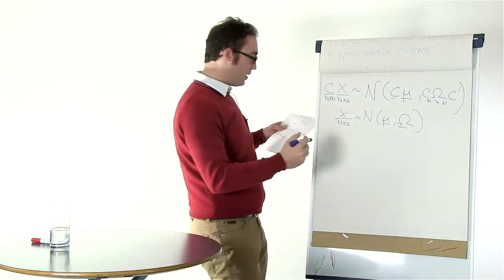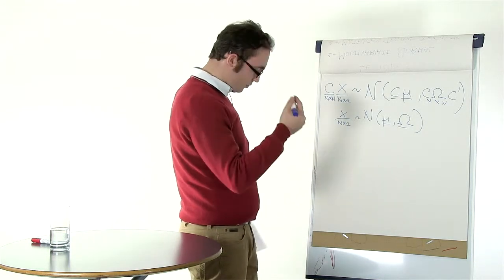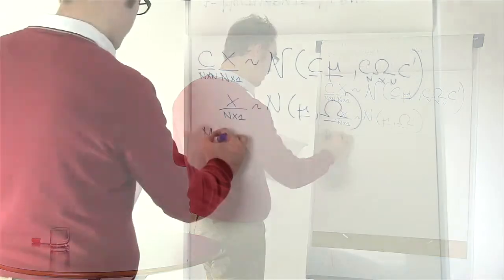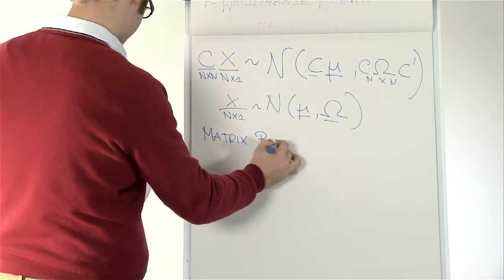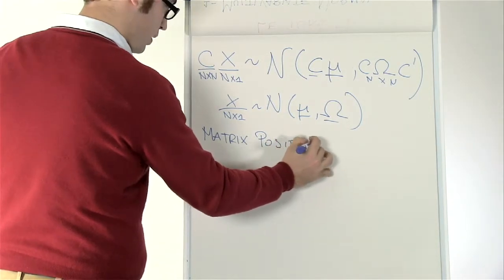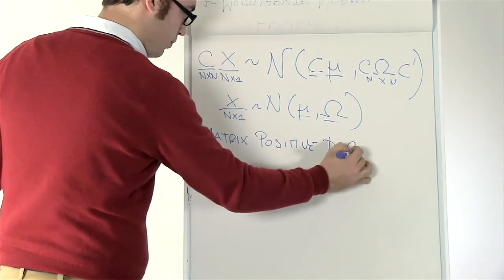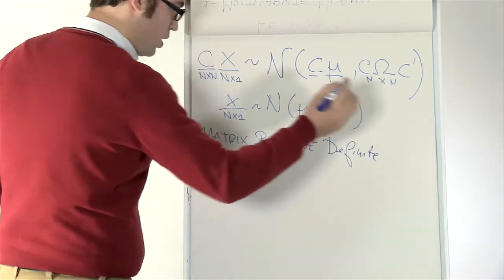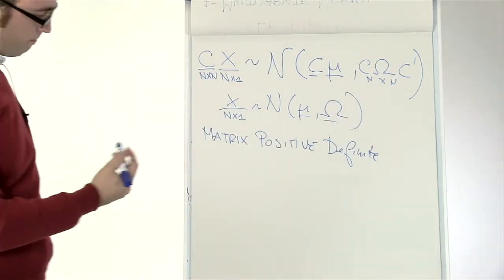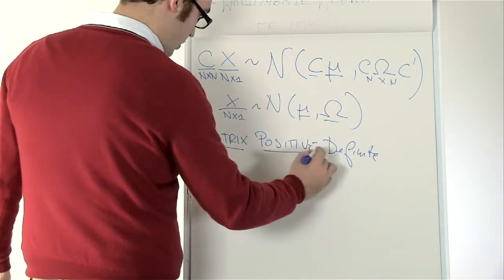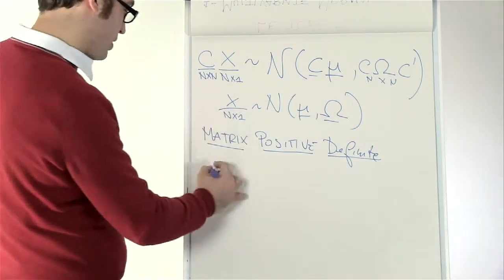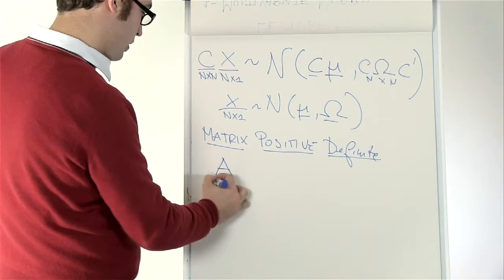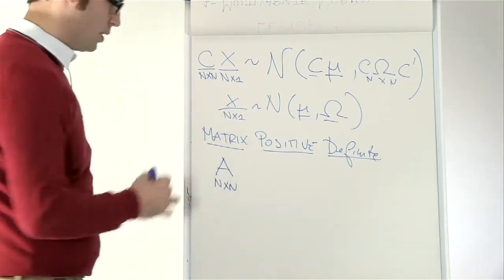Okay, now we can speak about what is a positive definite matrix. All these concepts refer to square matrices. Then, for example, we have A that is m by n.